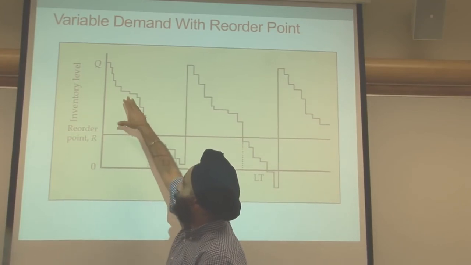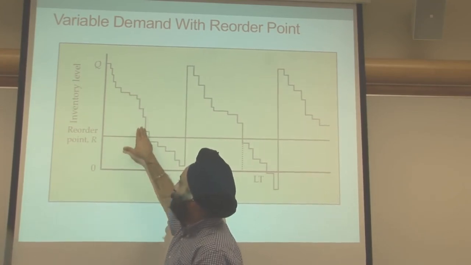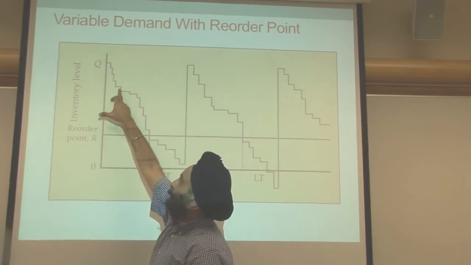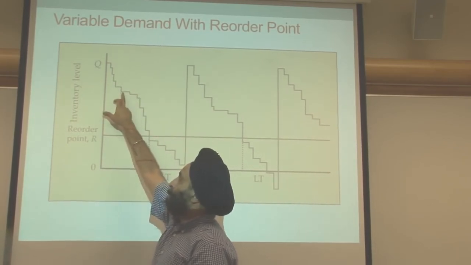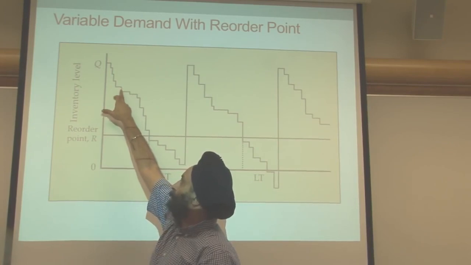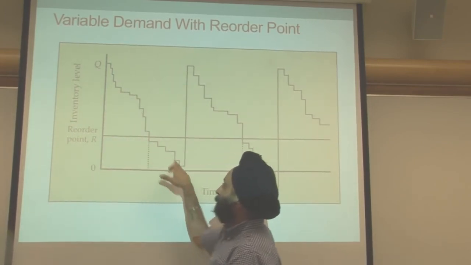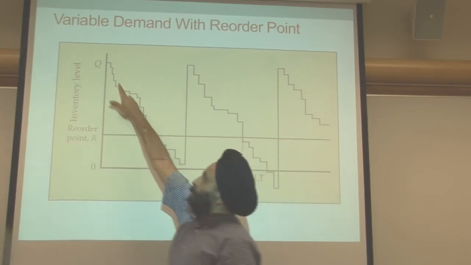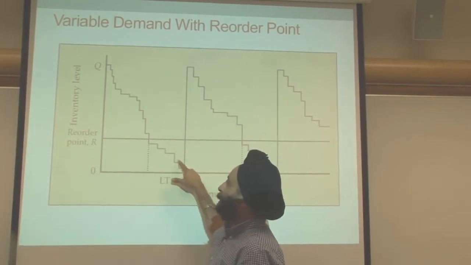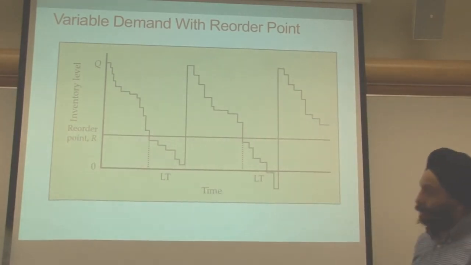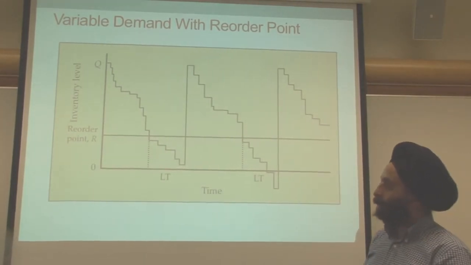So you look into variable demand, where the demand can be higher or lower. When the demand is high, you see the inventory decline is much steeper, and when the demand is lower than expected, the inventory lingers around for a long time. So when you have variability, it's not a smooth decline but zigzag, wavy, based on what is available.